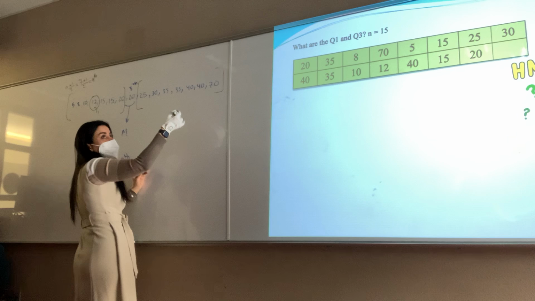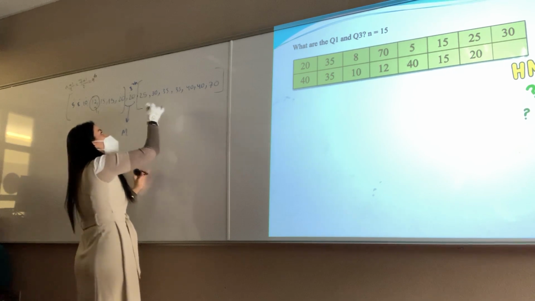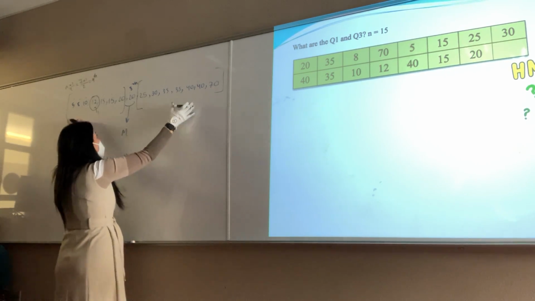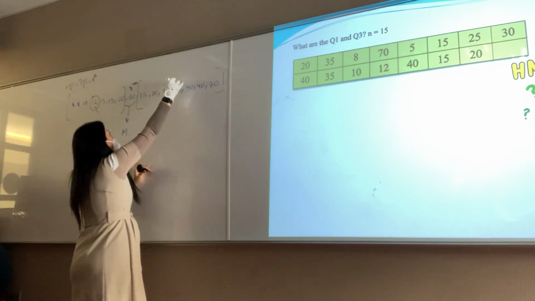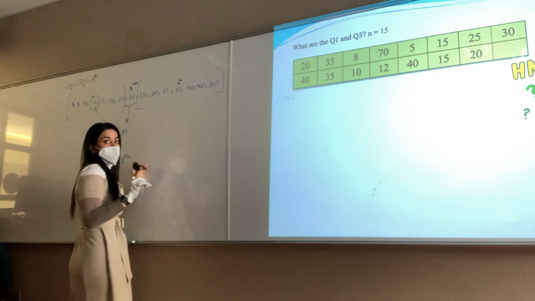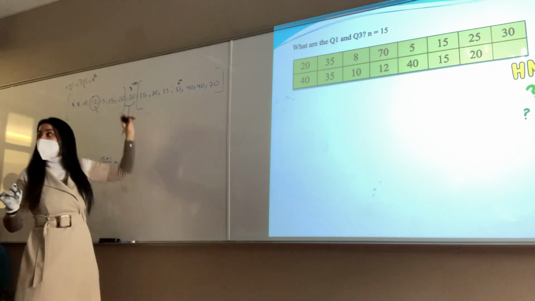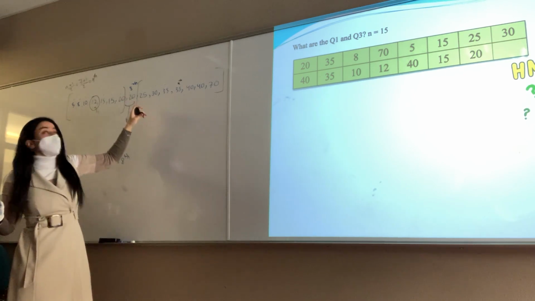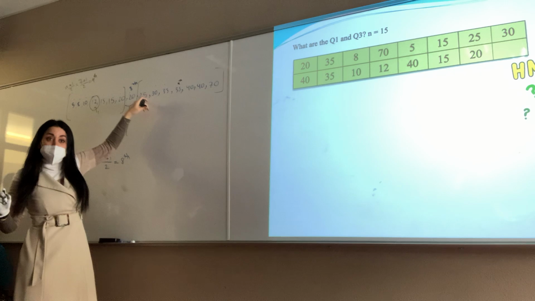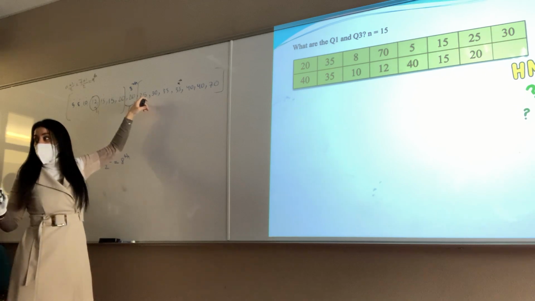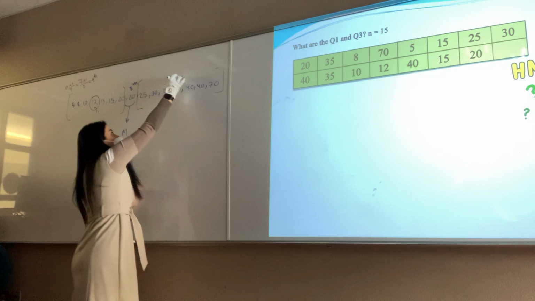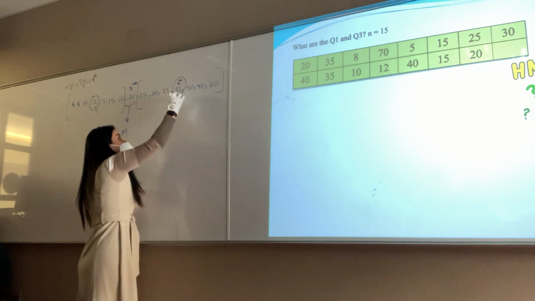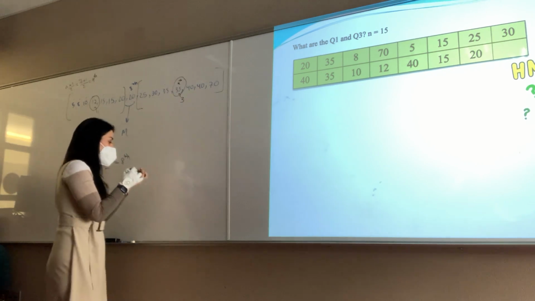No, because it's the same amount. They both are 7. So 1, 2, 3, 4. Did you see that? I counted from the number after the median. 1, 2, 3, 4. This is Q3. Okay, very good.